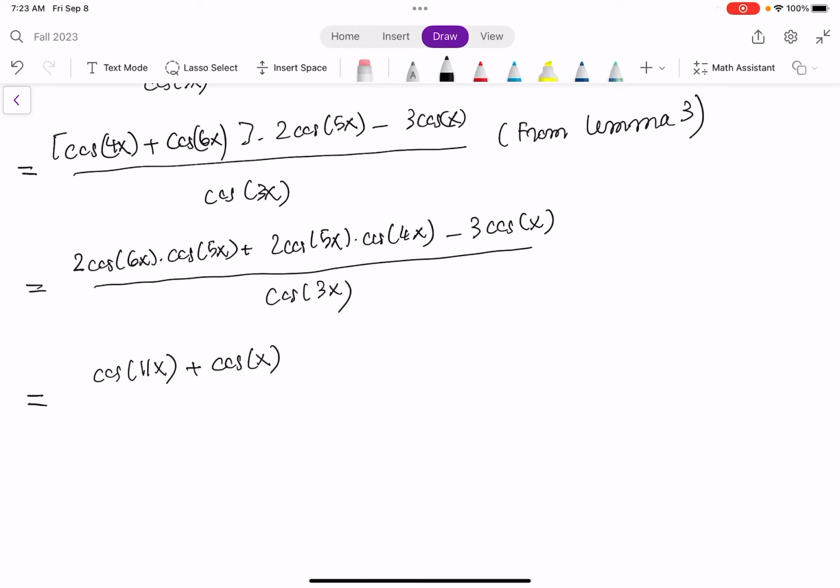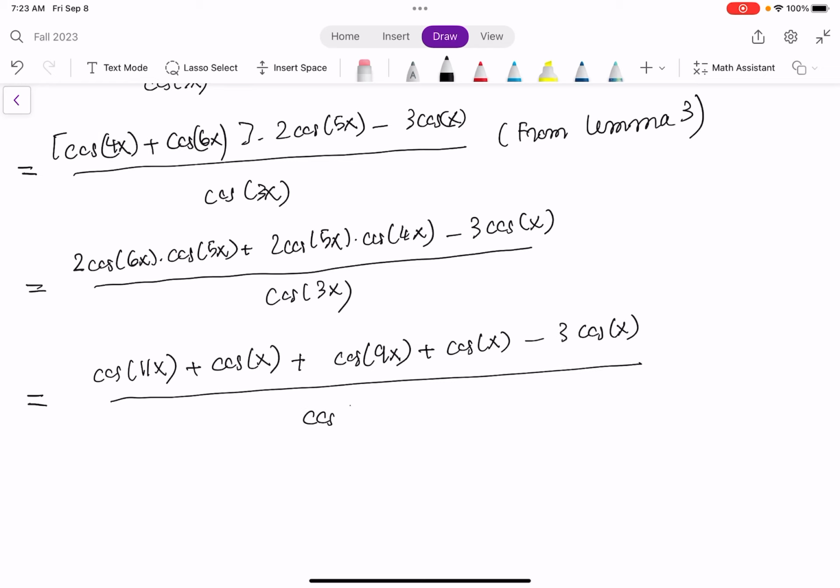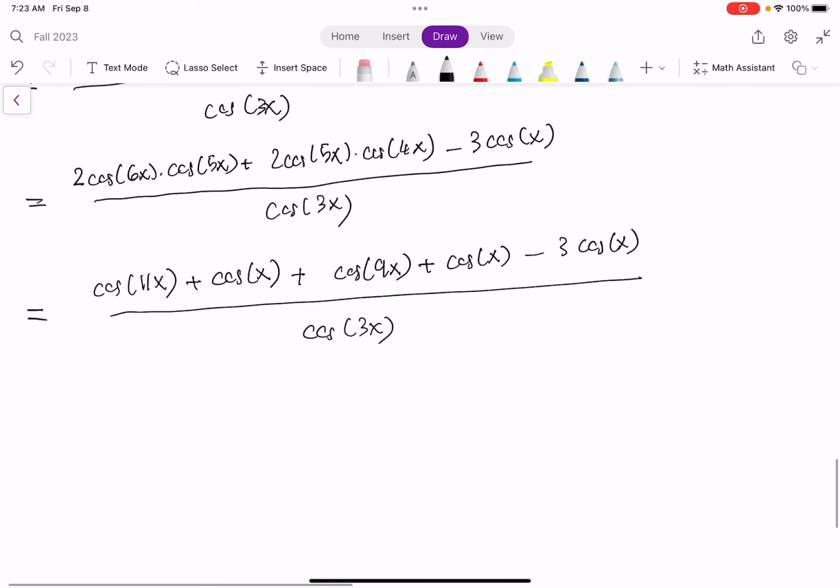Okay, that's for the first multiplication term. The second multiplication term, 5 times 4. So cosine of 5 plus 4 is cosine of 9x. Cosine of 5 minus 4 is cosine of x. Minus 3 cosine of x over cosine of 3x.